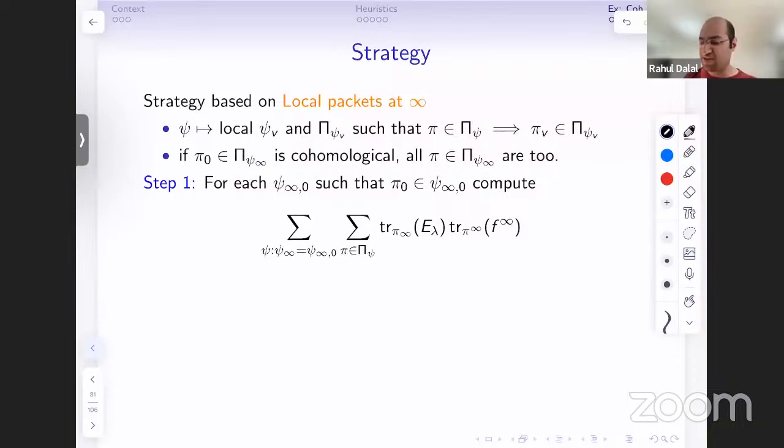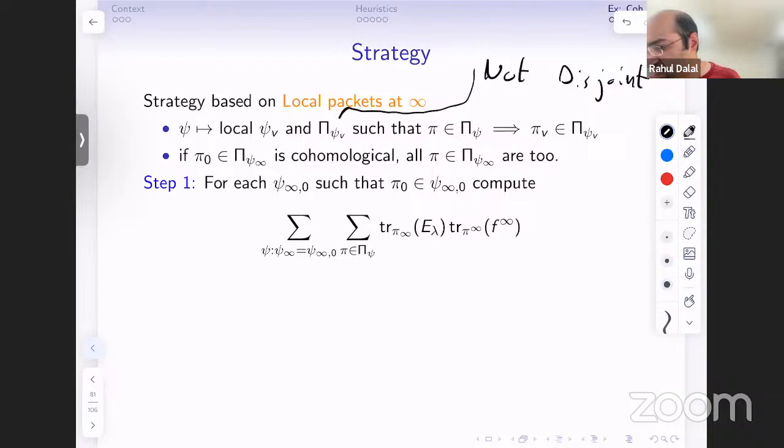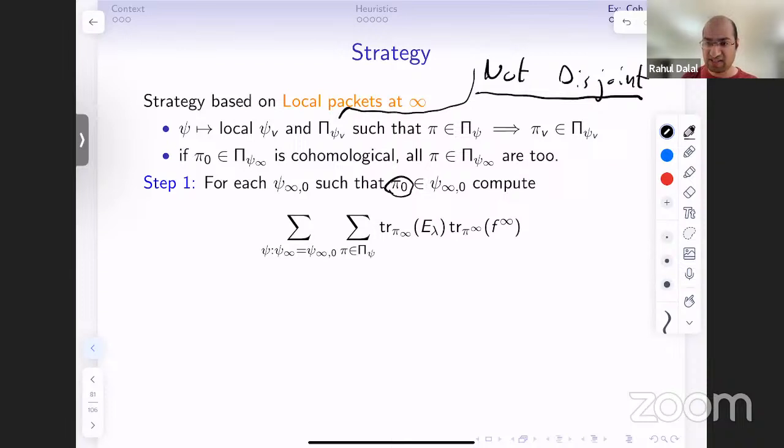First of all, there's a very important technicality here that tripped me up a lot when I was learning this: the global packets are disjoint, but these local packets are not disjoint. So what you can do is pick your pi_0, the cohomological thing for which you want to count automorphic representations with that component.